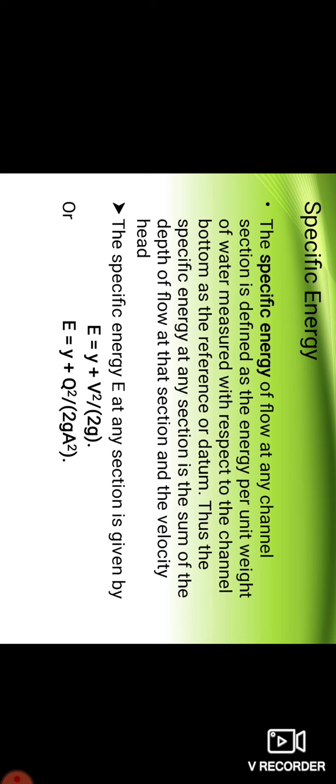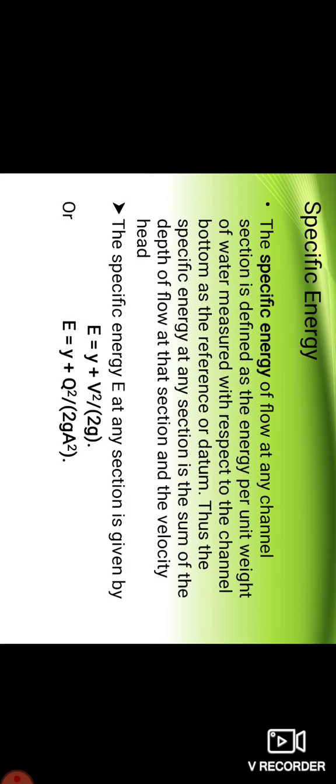A very important concept in channels is specific energy. What is specific energy? The specific energy of the flow at any channel section is defined as the energy per unit weight of water measured with respect to the channel bottom as the reference or datum.